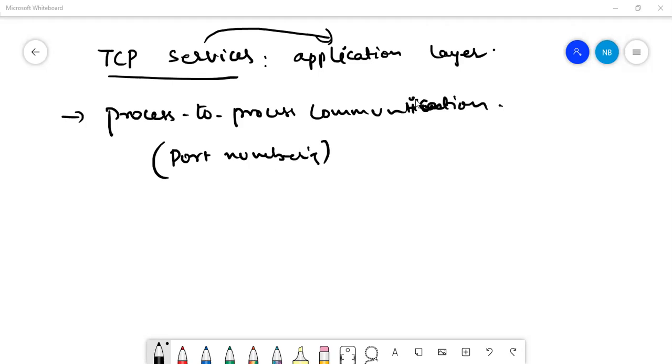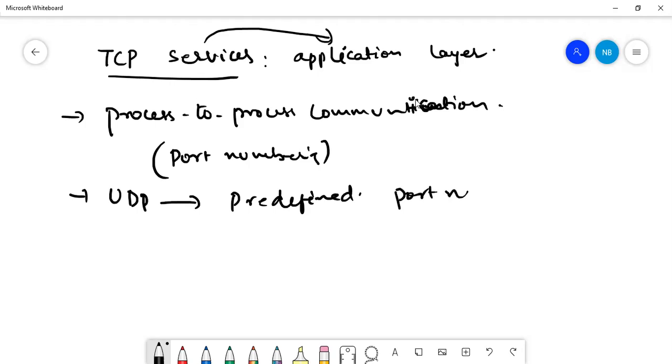As we have seen, UDP has some predefined port numbers for its services to be offered.